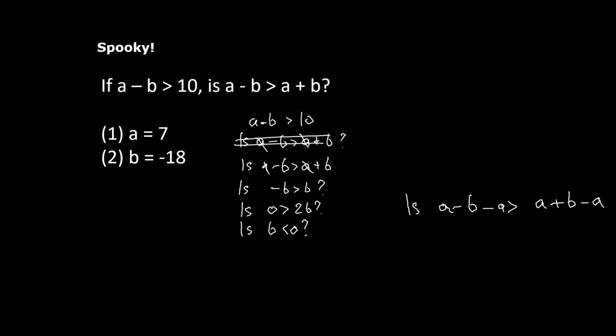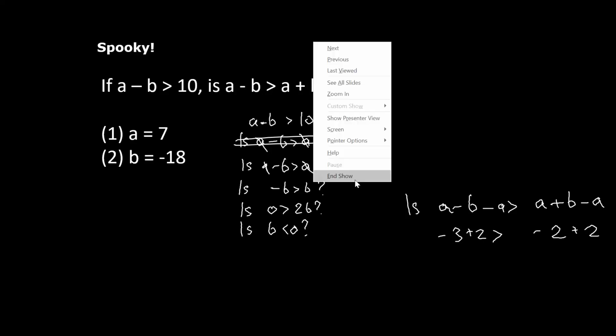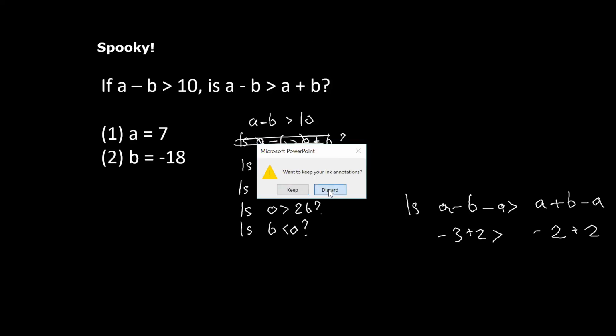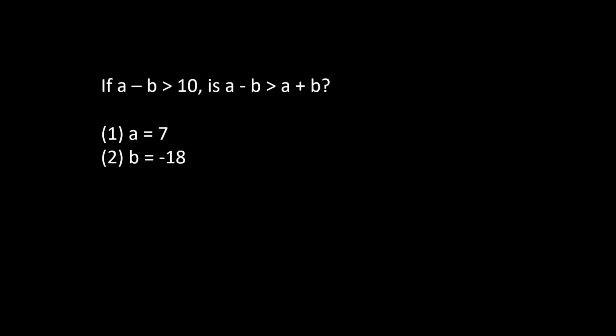I'm just adding or subtracting. So like -3 is greater than -2. Let's add 2 to both sides. So actually you are correct. I can't do that. That's what I thought. But for statement 1, you can do that. For statement 2, you can't. Yeah, A has to be positive in that. I thought I can't do that, but then I did that.